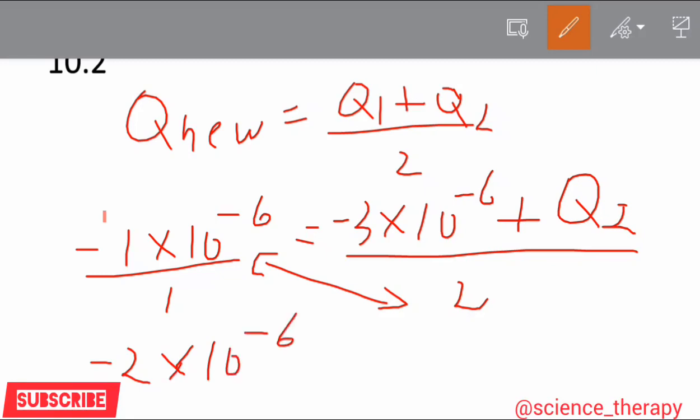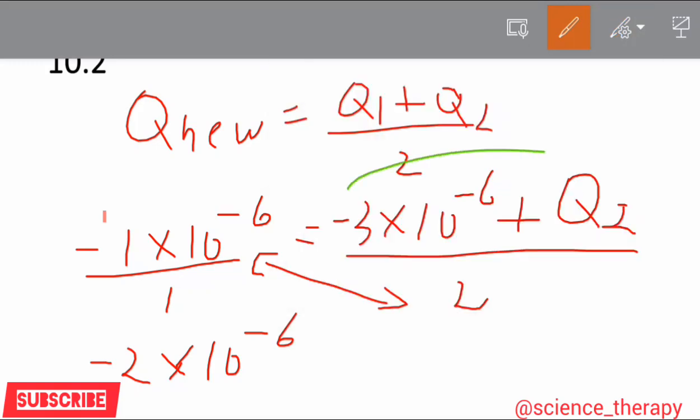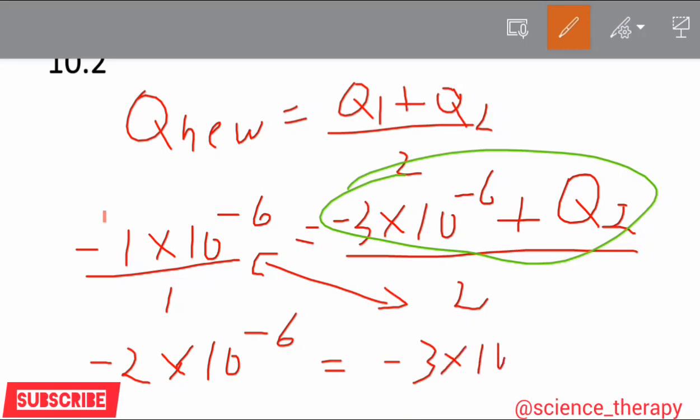Now having to cross multiply 1 and the expression here, the expression will remain the same like that. So we have -3 times 10 to the power of -6 plus Q2. Now at this point, to calculate Q2, we need to isolate Q2. That means Q2 needs to be alone there.